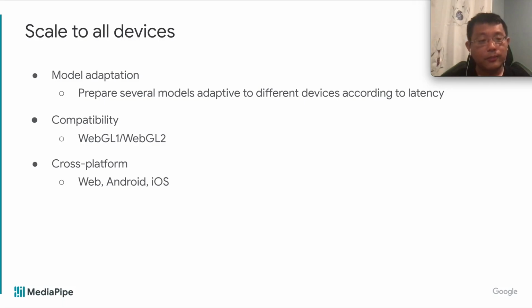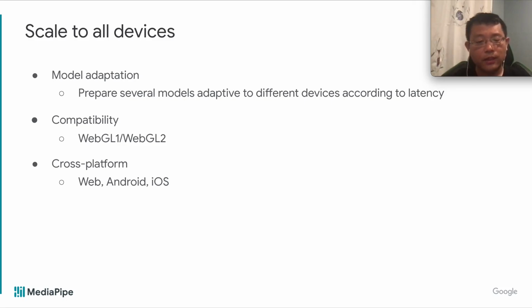Finally, let me briefly introduce some of our efforts to scale the ML solutions to all devices. As Meet aims to provide video meetings for everyone, we need to consider a variety of devices, from high-end MacBooks to low-end Chromebooks, from Chrome that uses WebGL 2 to Safari that uses WebGL 1.